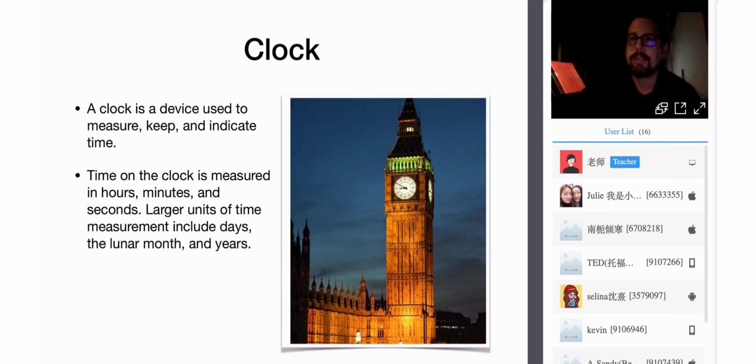We can measure the duration of time. We can indicate what time it is when we look at a clock. The time on the clock is measured in hours and minutes and seconds. And the larger units of time are measured in days or the lunar month and years. How did that come to be?